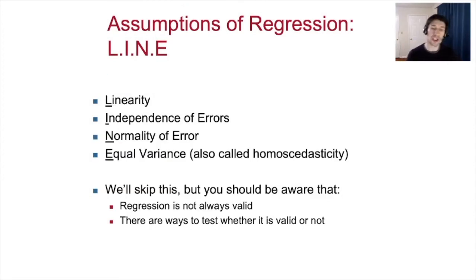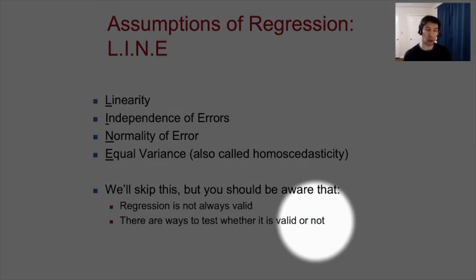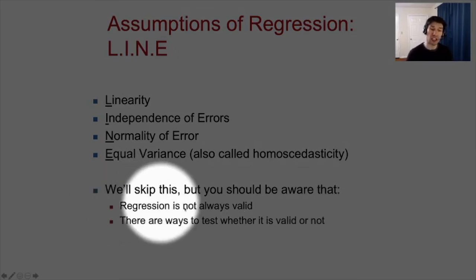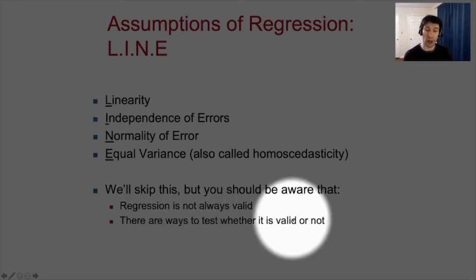Now again, those are slightly obscure concepts and we're not going to get into them right now, but it's important to talk about them just so that you remember and are aware that regression is not always valid. There are assumptions and there are sometimes strong assumptions. So you should be aware of the fact that you cannot simply blindly trust anything that comes out of the regression. There are ways to test whether these assumptions are valid or not, but that's for subsequent chapters.